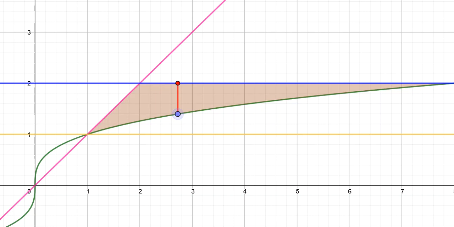So my thought here is that instead of looking at these vertical heights, what if we looked at horizontal heights? Notice that the horizontal heights never change between these two functions. The left function always stays the same and the right function always stays the same.